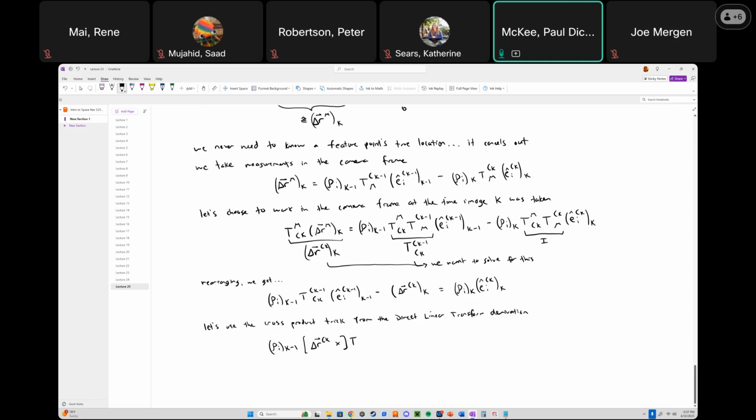And then we have T ck minus 1 to ck, E I ck minus 1 at time k minus 1, minus what we end up with here is delta R ck cross with delta R ck, which is just a vector crossed with itself.